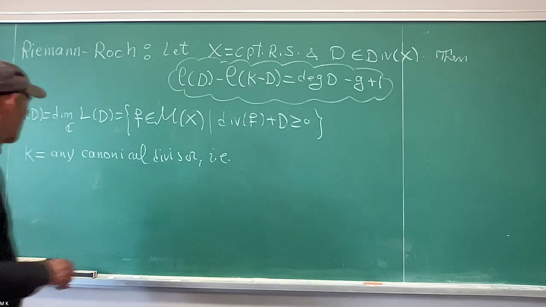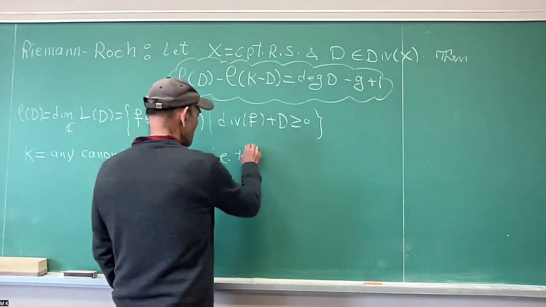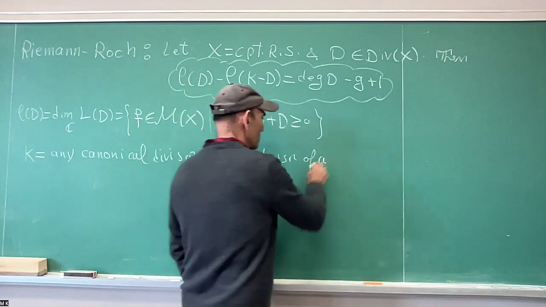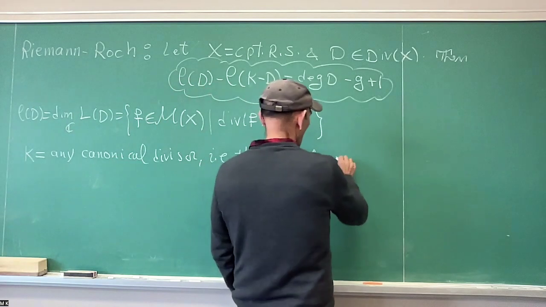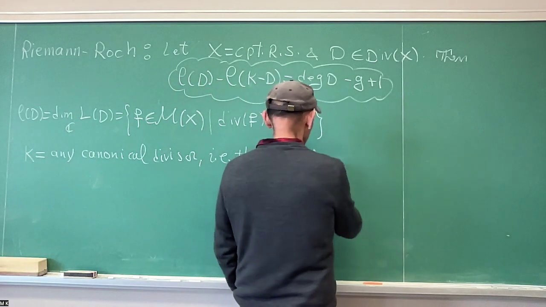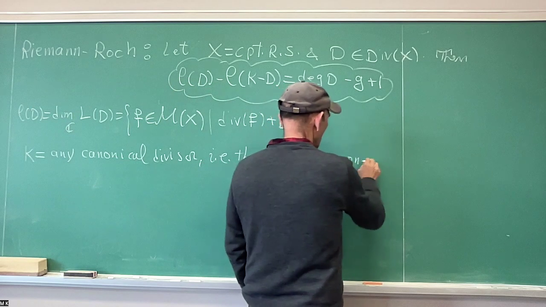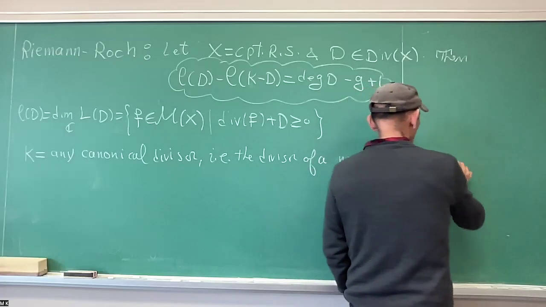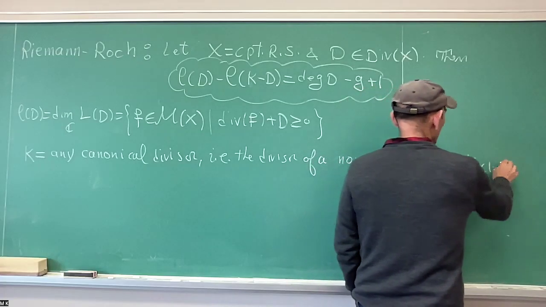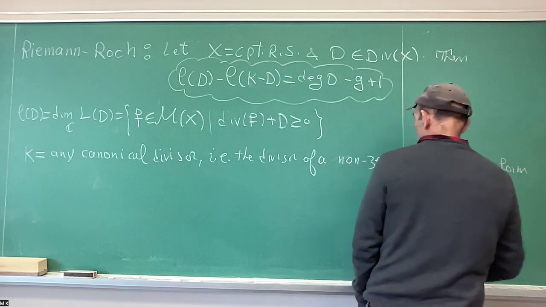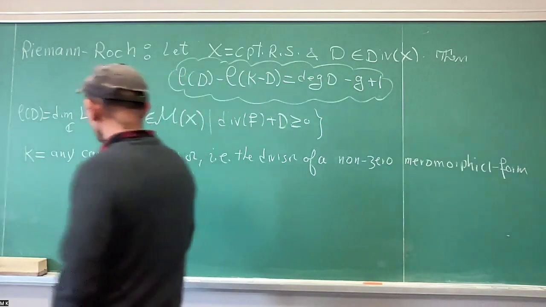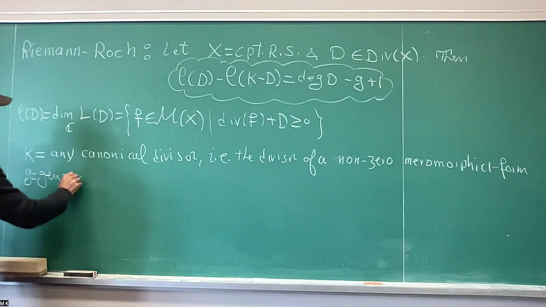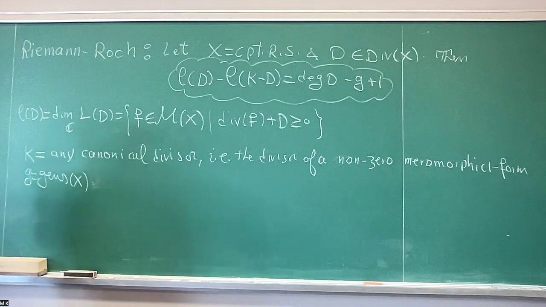Yeah. It's any canonical divisor, i.e. the divisor of a non-zero, I always assume non-zero, meromorphic one form on X. Of course, meromorphic one form on X. G is the genus of X. And degree of D you already know.